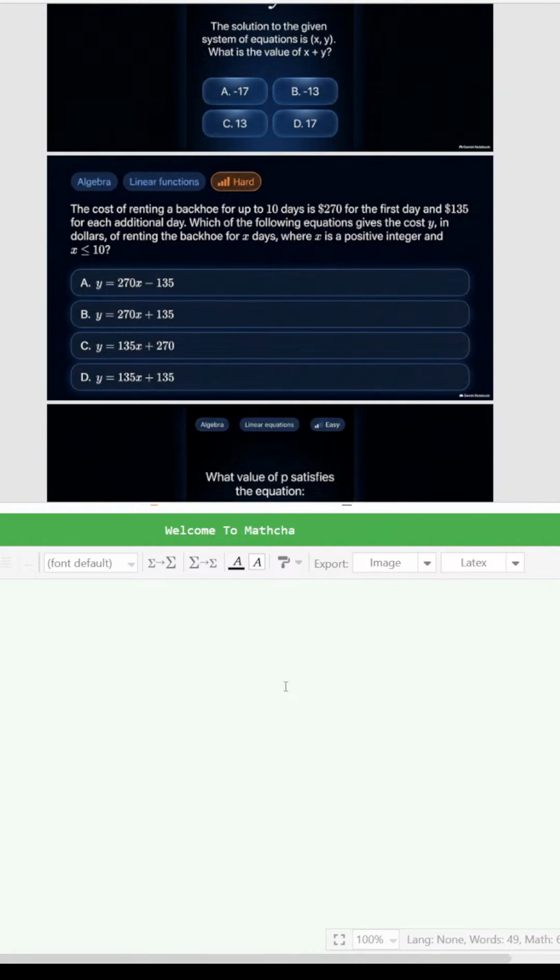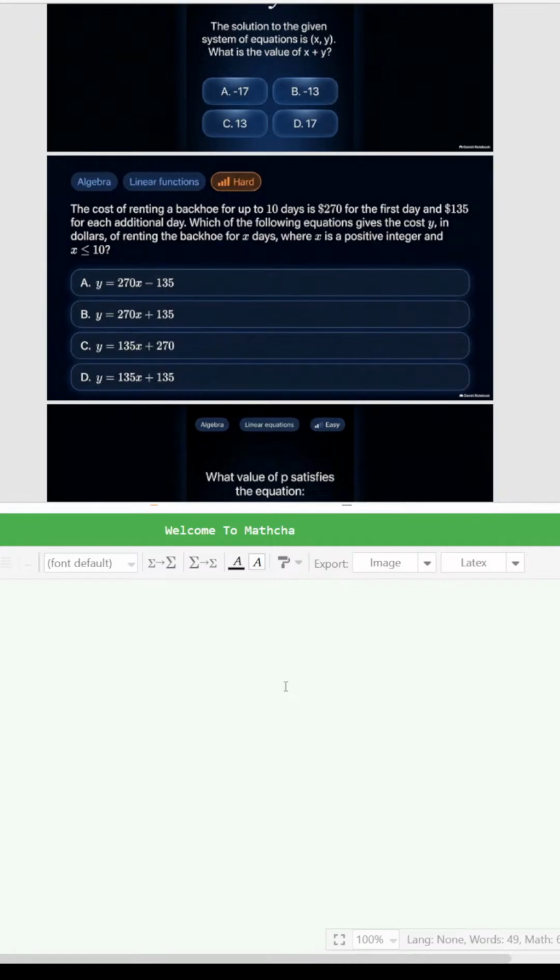Okay, so let us do this question. So we are given that the cost is calculated in such a way that for the first day $270 are charged, and for every next day we have $135 as the cost.